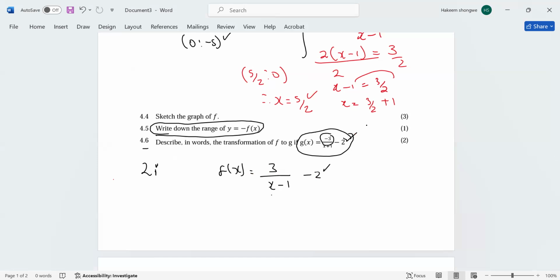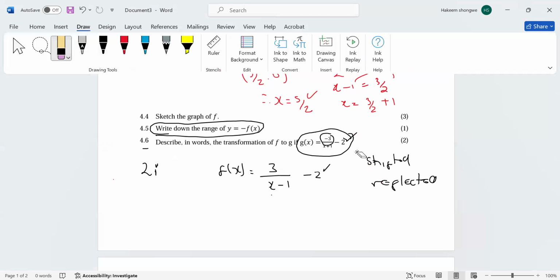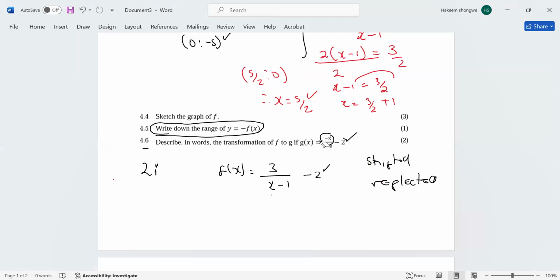Remember the ways that we can use: it's shifted, or it's reflected. So we are going to check x and then we're also going to check y. If they did shift it with y, this one is also supposed to change. Let's say it was reflected by the x-axis. If we reflect it by the x-axis, the y is going to be negative.